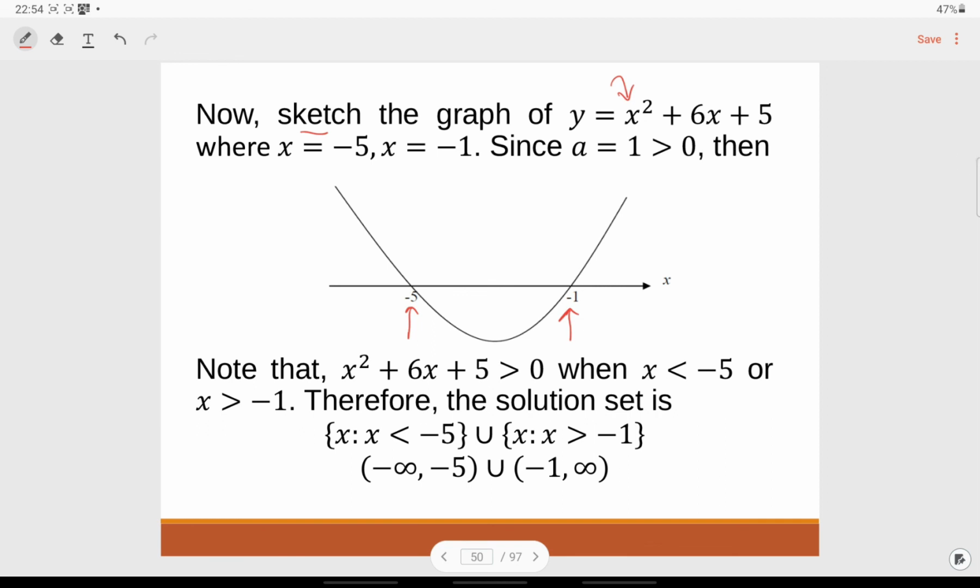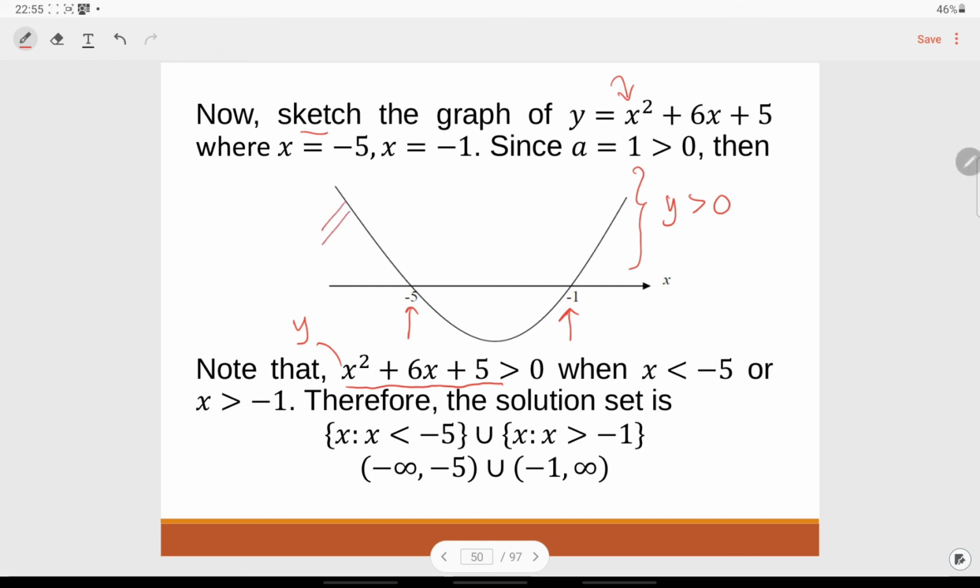Now our interest is to find x when the following expression is greater than 0. Previously we denoted this one as y. So that means we need y greater than 0. Back to the graph of x and y, y greater than 0 means the area above the x-axis. So where is the area?